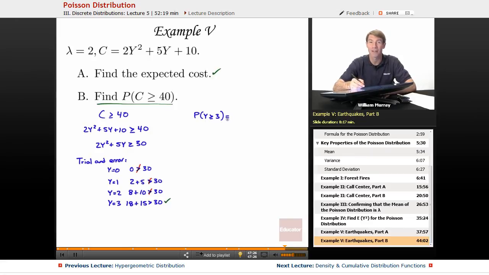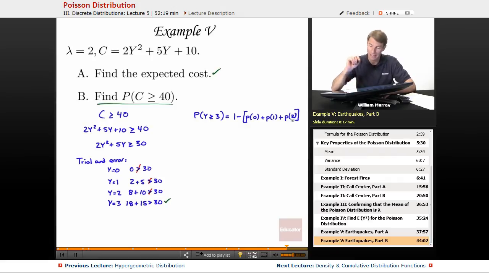What's easier to calculate is the probability of it being less than 3. So let me calculate the probability of 0 or 1 or 2 earthquakes, and then I will subtract that off from 1 to get the probability of there being 3 or more earthquakes. Whoops, I should have written p of 2 there. So that's a 2.